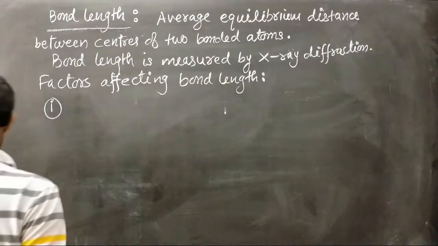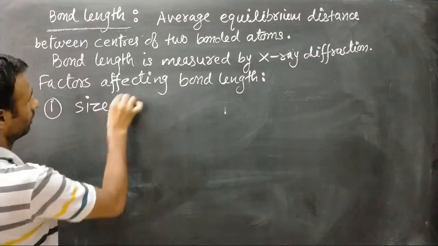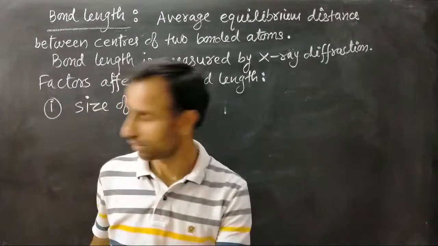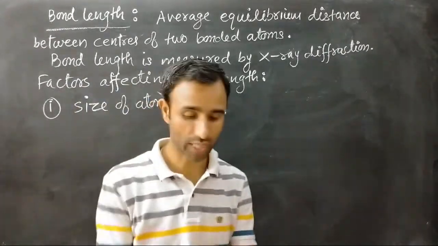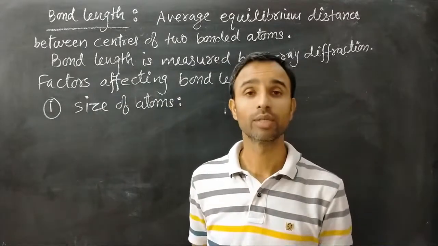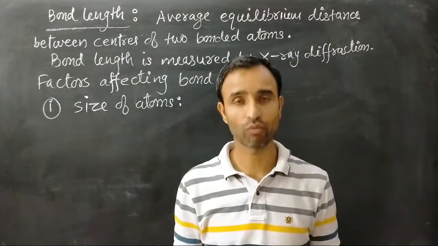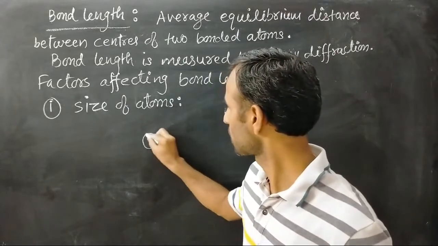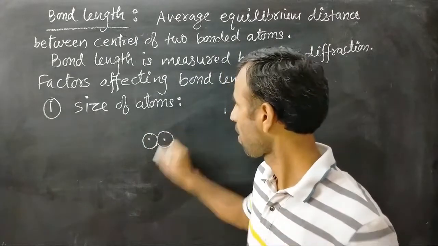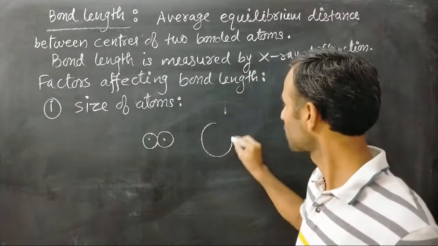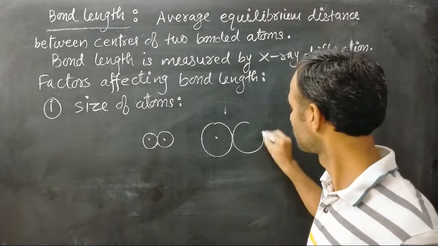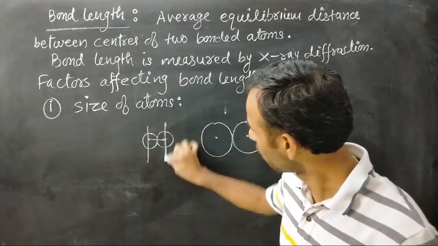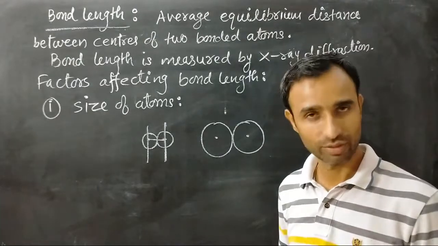First is the size of atoms. Yes, tell me, what is the effect of size? If the size of the atom is large, then what is the relation with the bond length? See, if atoms are small, bond length is smaller.